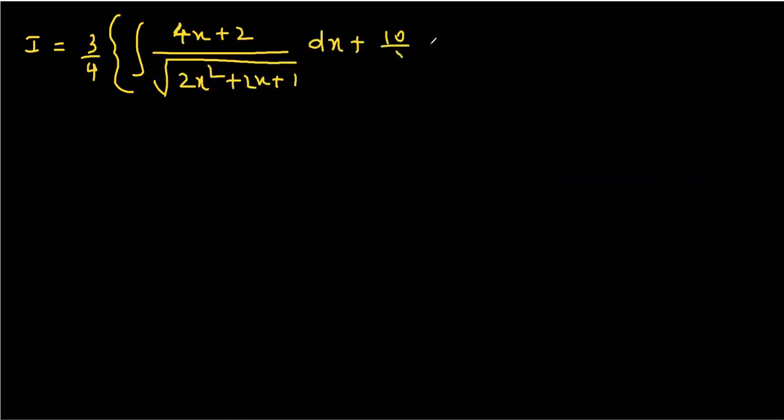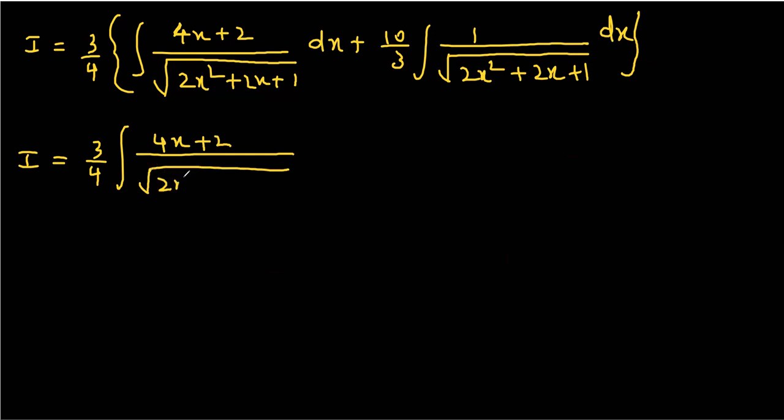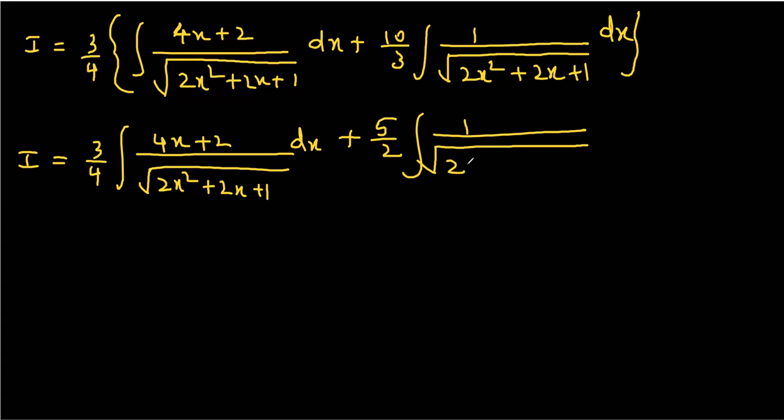So 10 upon 3 times 1 over 2x square plus 2x plus 1 dx. Now I will multiply this 3 by 4 inside. So when you multiply, you get 3 upon 4 and 4x plus 2 upon square root of 2x square plus 2x plus 1 dx. And here when you multiply this, you will get 3 cancels, 10 by 4 you'll get 5 over 2 and 1 upon square root of 2x square plus 2x plus 1 dx.